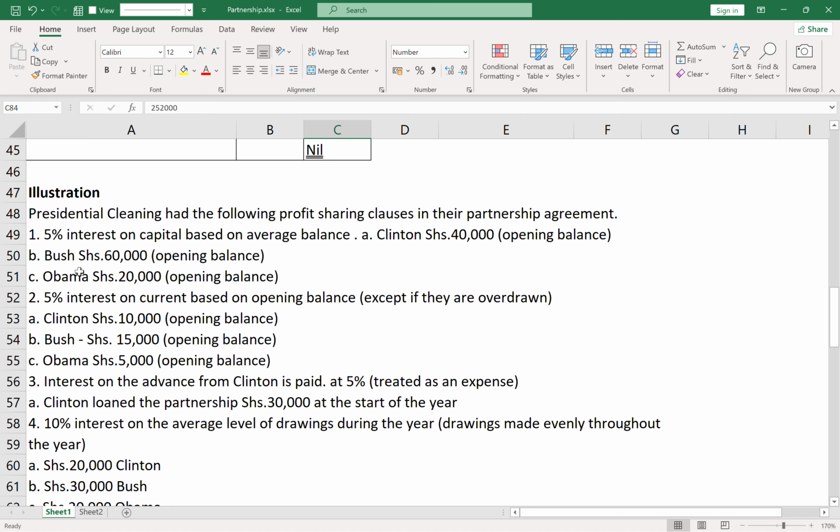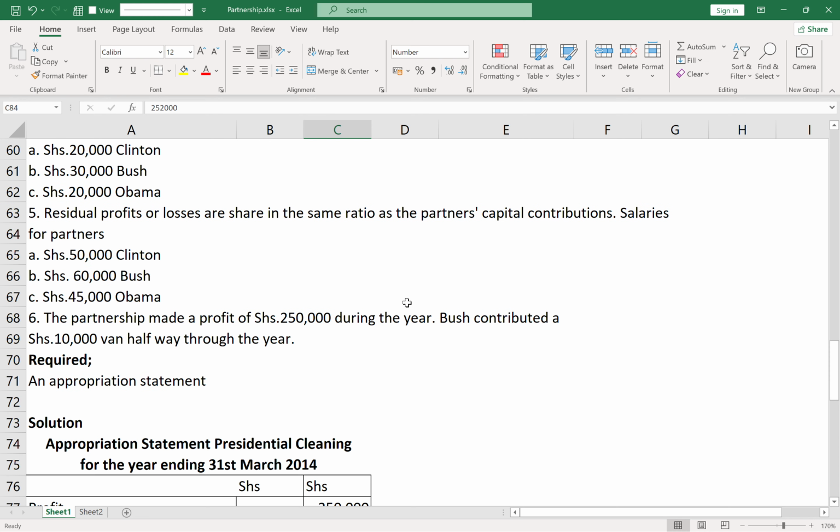For Bush, it is 60,000, but he had also contributed 10,000 halfway through the year, so half, plus 5,000, which we multiply by 5%. The 5% will give us 3,250.